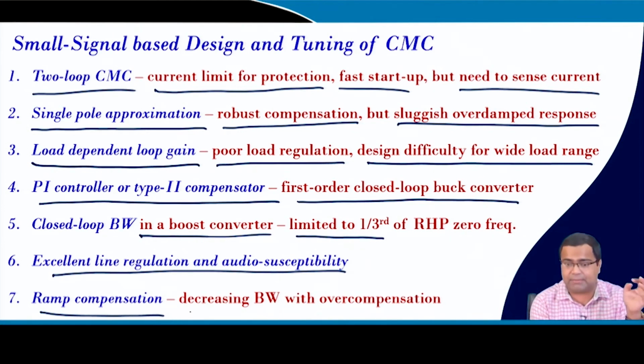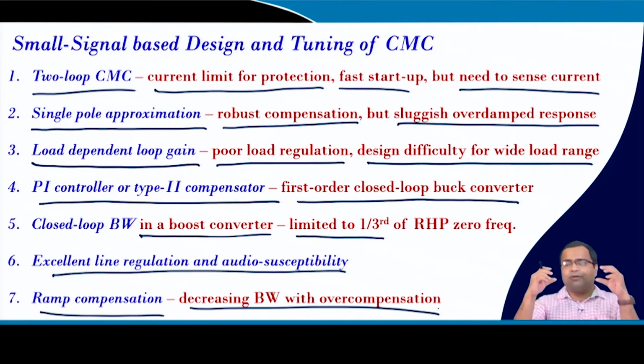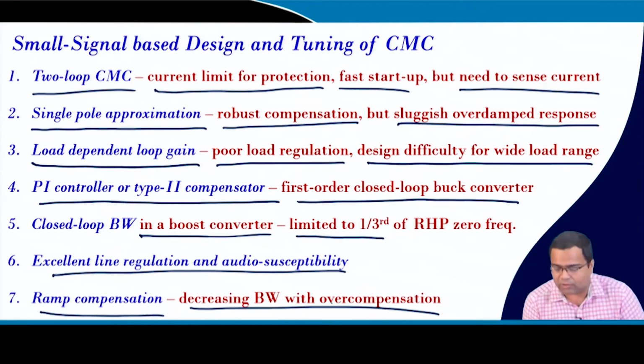If you increase the ramp slope, then the bandwidth will decrease. And if you go for a worst case based design of the offline current mode control design, we often need to consider the highest ramp, in order to make sure the current loop is stable for the entire input voltage range, and this overcompensation can reduce the bandwidth.